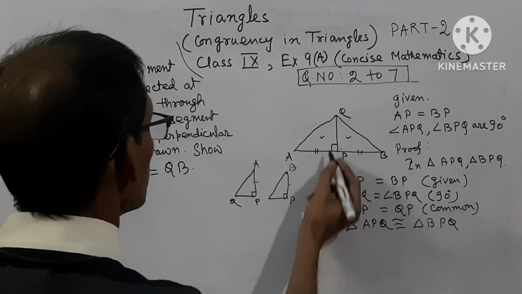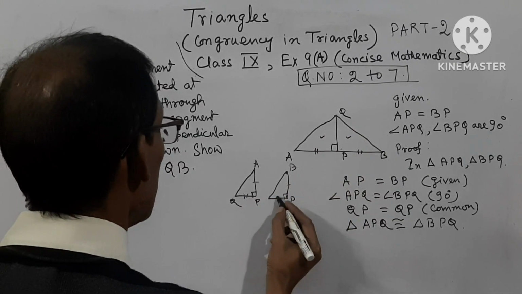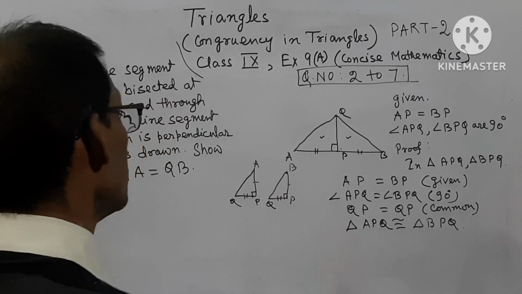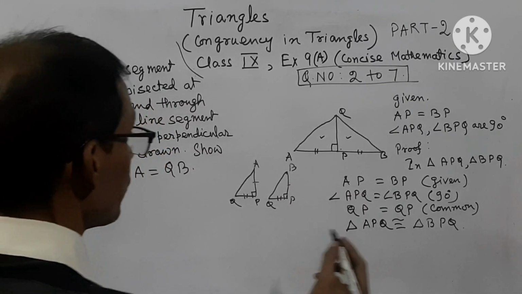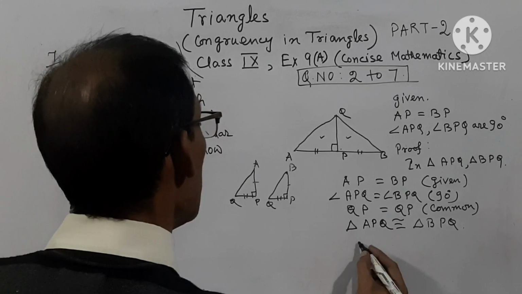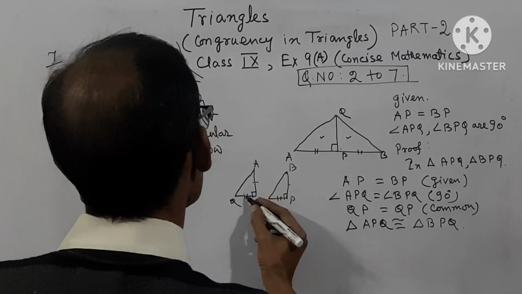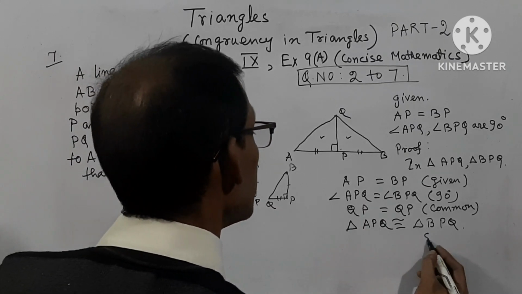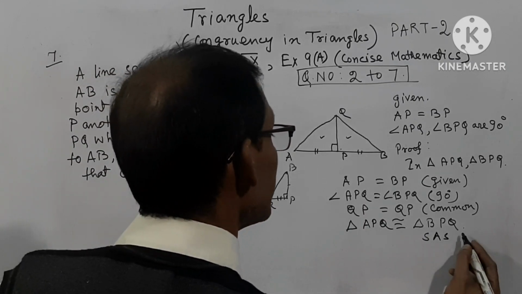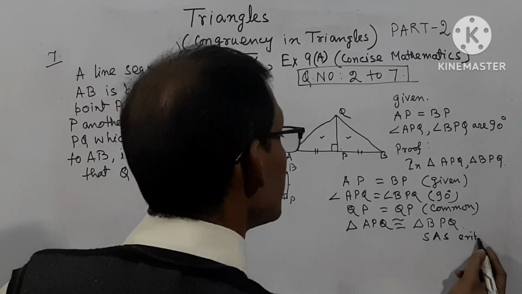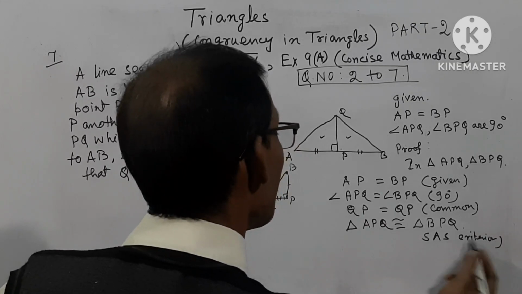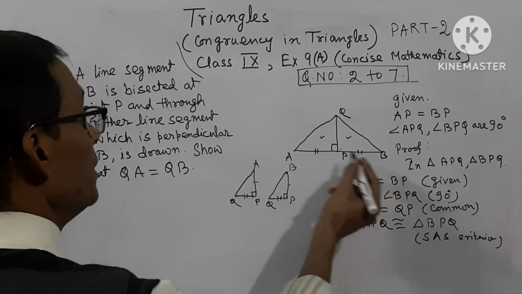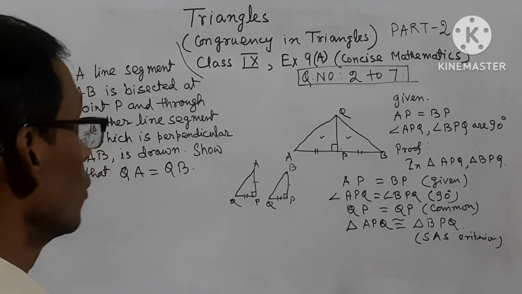And QP and QP both are common. So you can write this as side angle side. They are congruent by SAS criteria. APQ and BPQ are congruent.